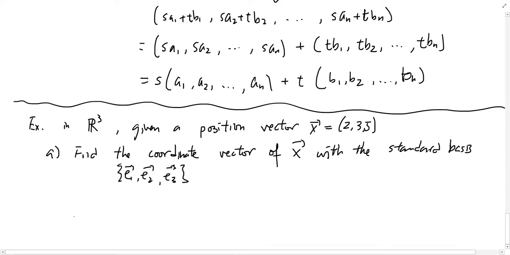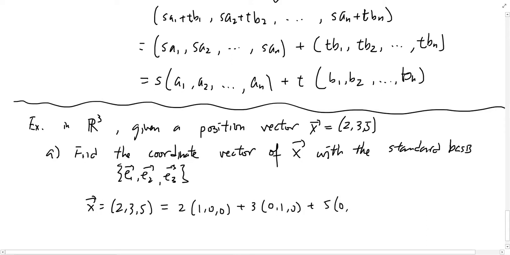So in this case, if I have vector x, which is equal to 2, 3, 5, technically speaking, it's just 2 times the vector 1, 0, 0, plus 3 times the vector 0, 1, 0, plus 5 times the vector 0, 0, 1. And 1, 0, 0 is vector E1, 0, 1, 0 is vector E2, and 0, 0, 1 is vector E3.